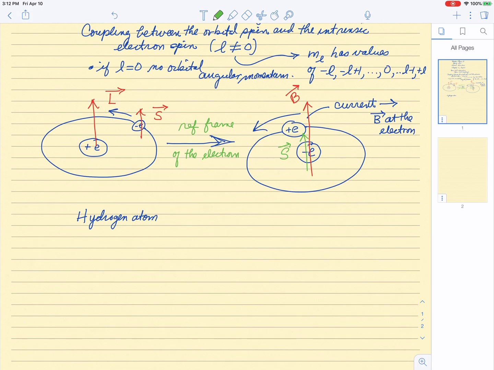So the bottom line is that neither L nor S are good quantum numbers.